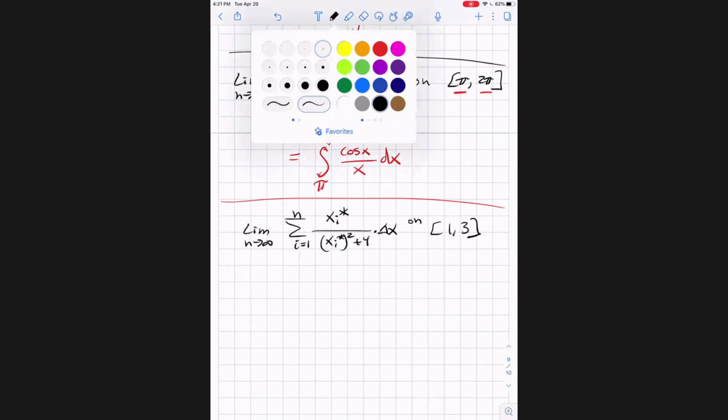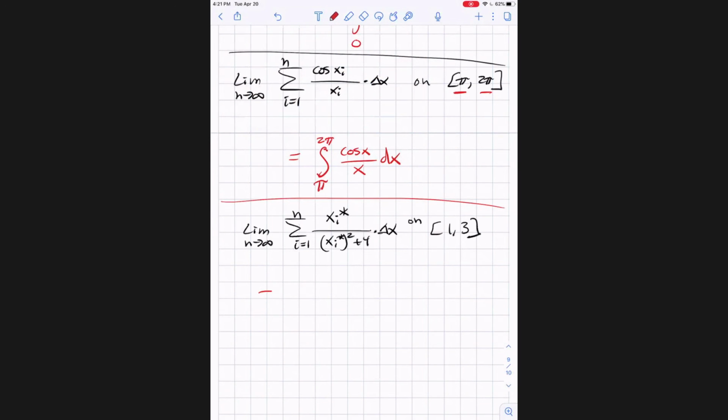All right, so the answer is going to be the integral from 1 to 3 of x over x squared plus 4 dx. Did you guys get that?